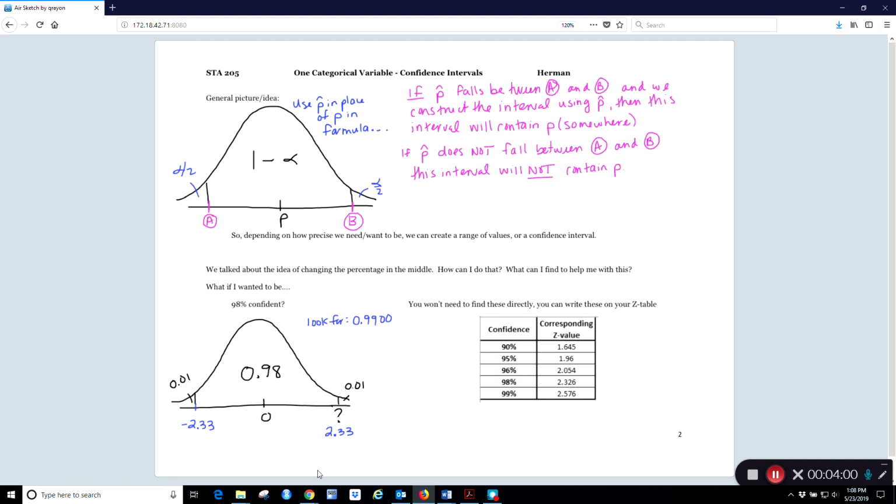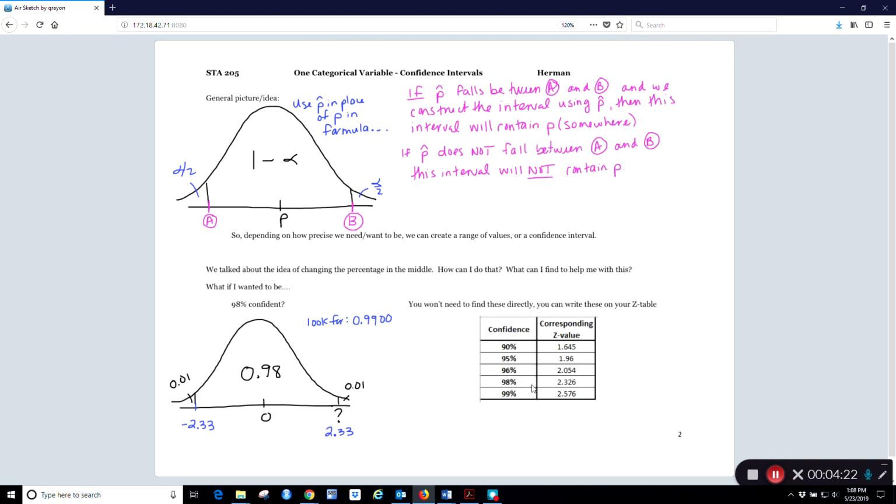Now, since we've already done that before, I'm not going to make you do this every single time. So I'm not going to make you find these directly, so you can actually write the following on your z table. I will only give you confidences of 90, 95, 96, 98, or 99%, and then this tells you how many standard deviations we would need to go out.